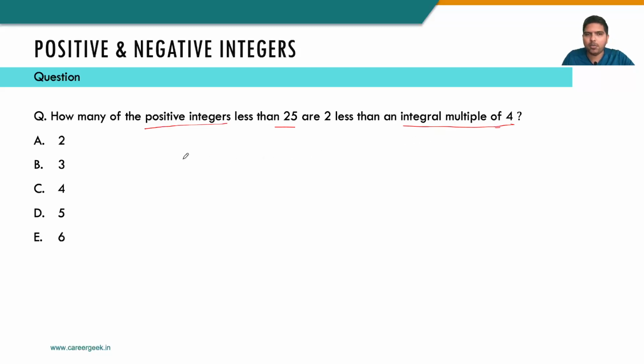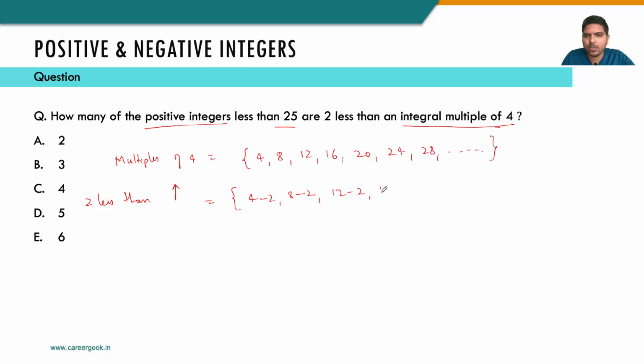So let us write the positive multiples of 4: 4, 8, 12, 16, 20, 24, 28 and so on. But we want 2 less than the integer multiples of 4. So it's 4 minus 2, 8 minus 2, 12 minus 2 and so on, right?